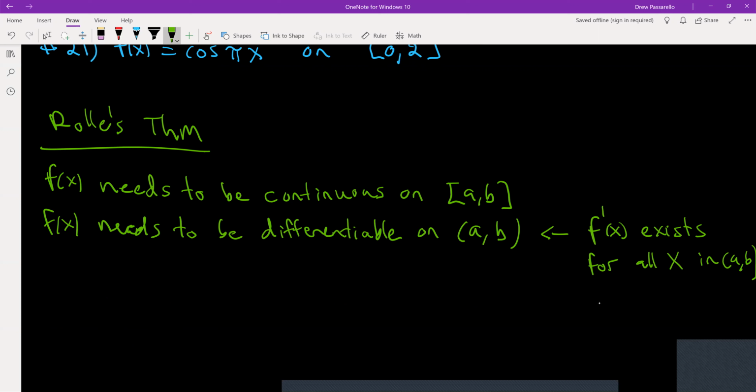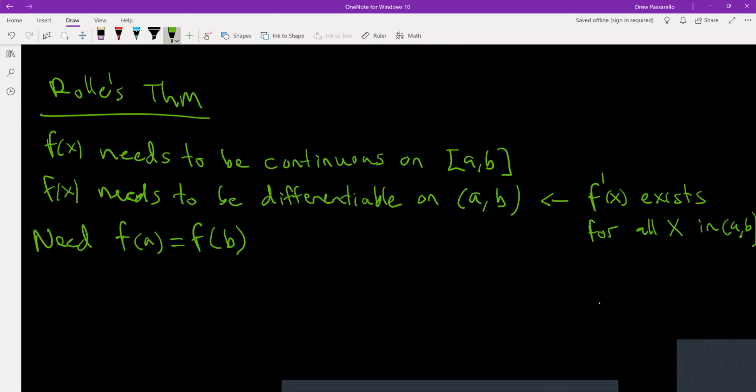All right, then we need to check that the endpoints equal each other. You need f of A equal to f of B. If that's the case, then there exists at least one C in the open interval AB such that its derivative is equal to 0.